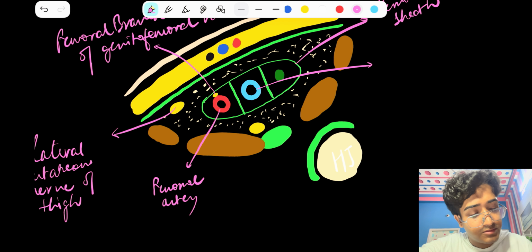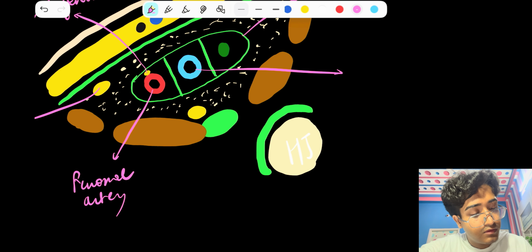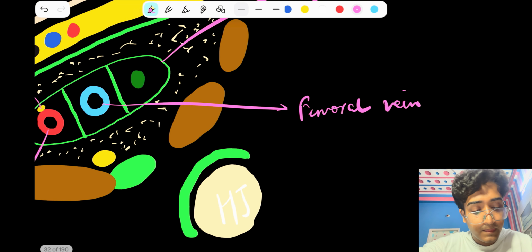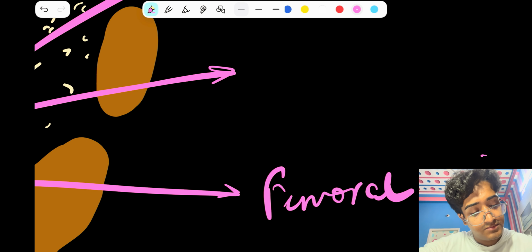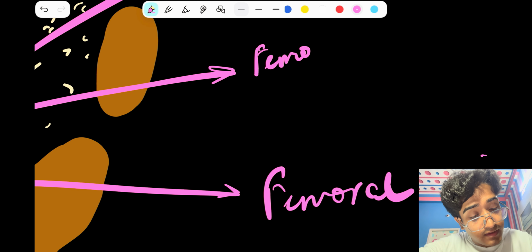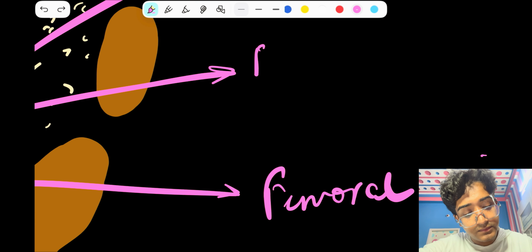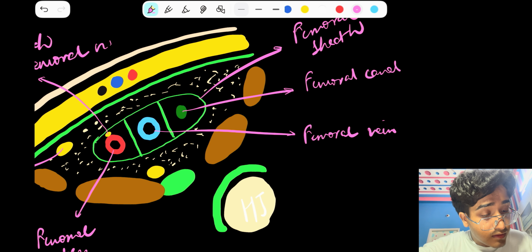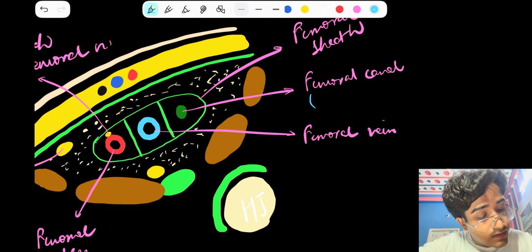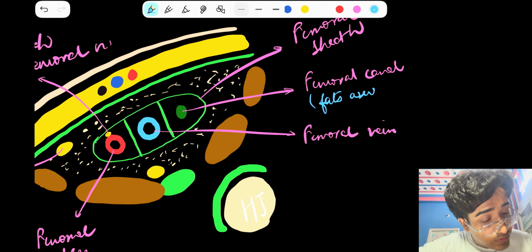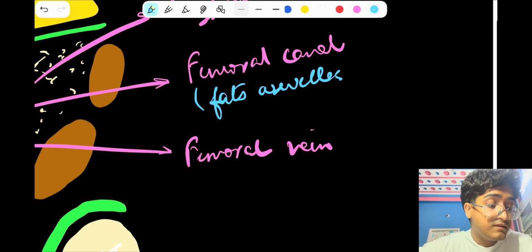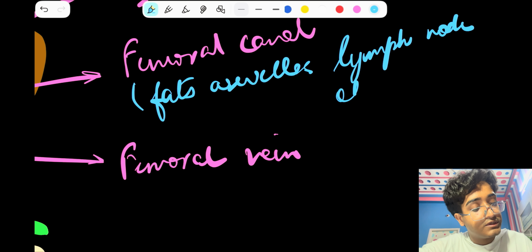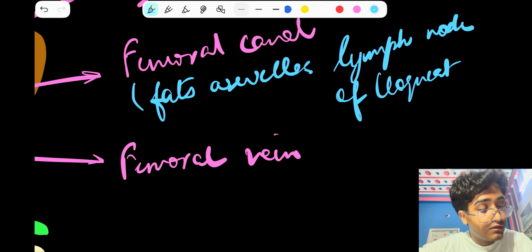In the intermediate compartment we have the femoral vein, and in the medial compartment, which is also known as the femoral canal, we have fat as well as the lymph node of Cloquet.